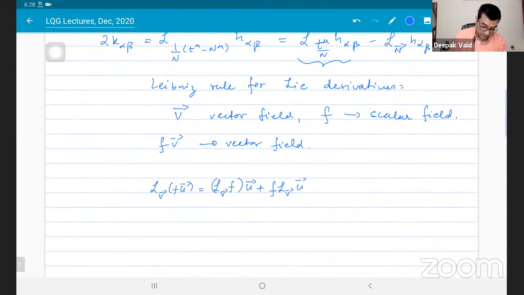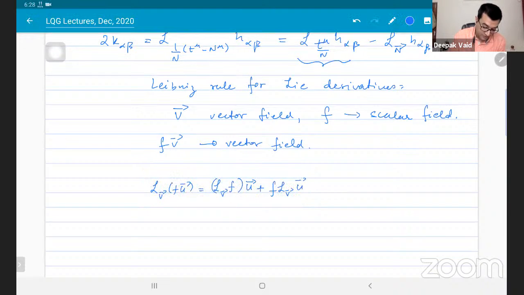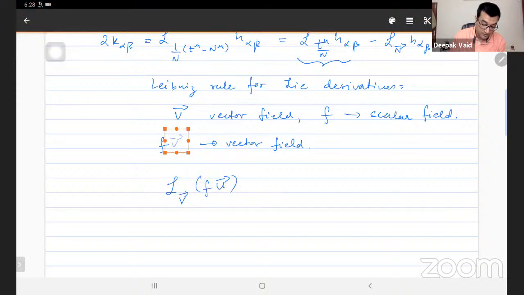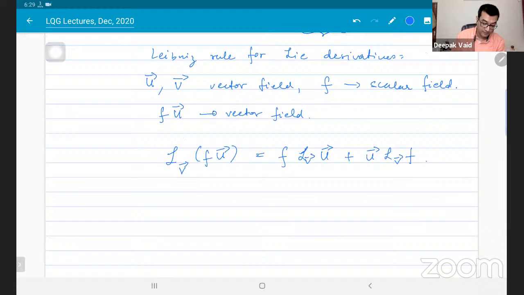Oh, right. So I was wrong. That's not how the Leibniz rule works. The Leibniz rule works on a product of vector fields. So that's the mistake I was making. So we want to ask, what is the Lie derivative with respect to V of F times U? U and V are two vector fields. And then we get the Leibniz rule. This is the usual Leibniz rule which you expect for derivative operators.